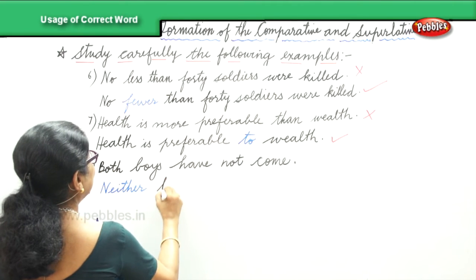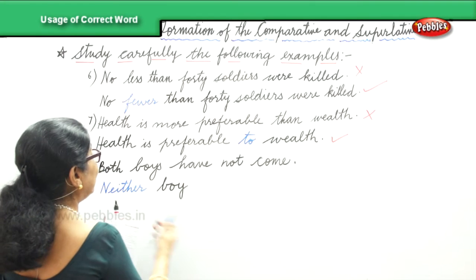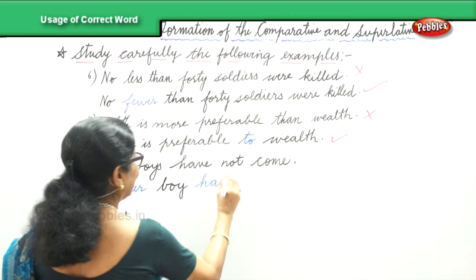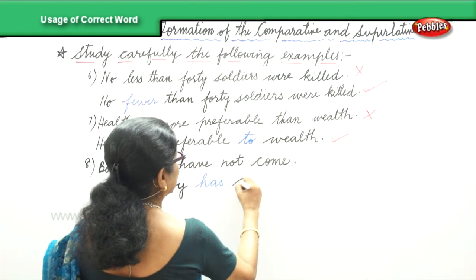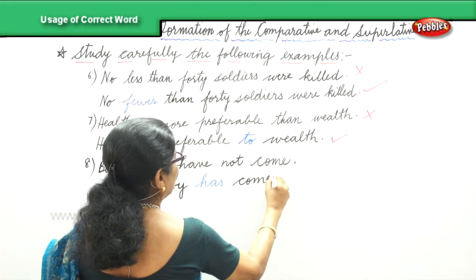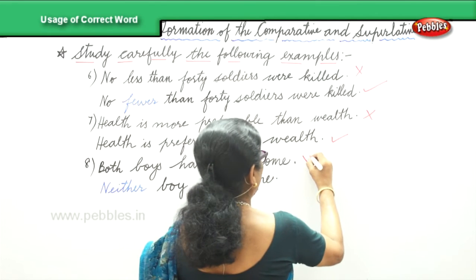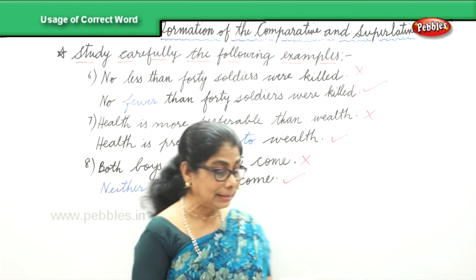You must say boy, and it's not have, say neither boy has come. That's the correct way to say. Okay? So, certainly the first is wrong and this is the right. Let's go on to another sentence.